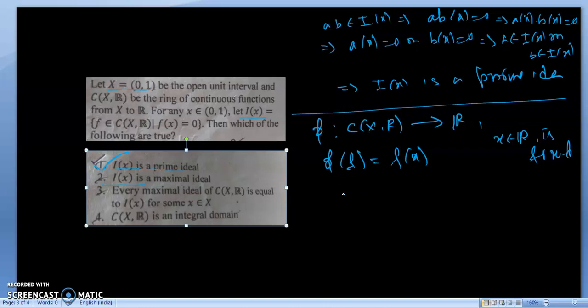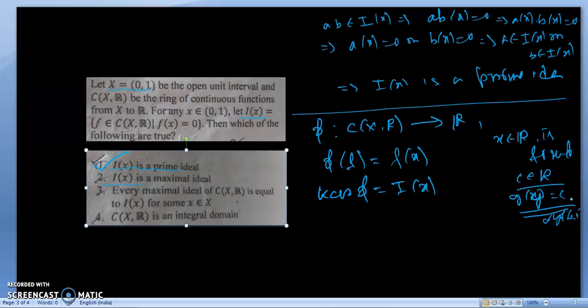Now, easily we can say that the kernel of phi is equal to I_x. And this function is surjective. Why? Because suppose we take any real number c, we will always get a continuous function g such that g(y) equals c for all y belonging to (0, 1).